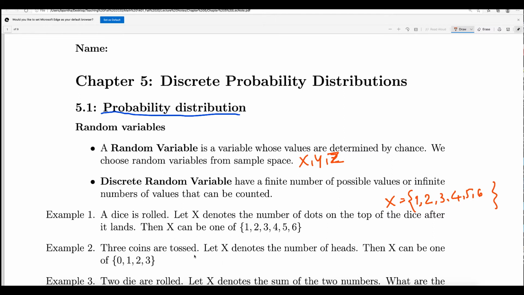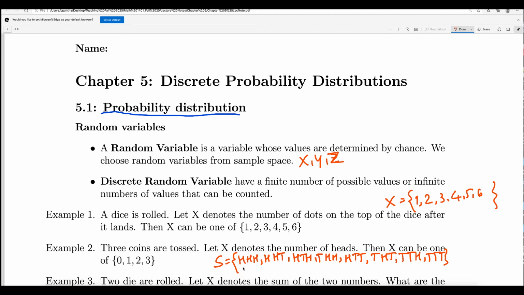Example number 2: 3 coins are tossed. Let X denote the number of heads. If you toss 3 coins, the sample space looks like this: head, head, head; head, head, tail; head, tail, head; tail, head, head; head, tail, tail; tail, head, tail; tail, tail, head; and tail, tail, tail.